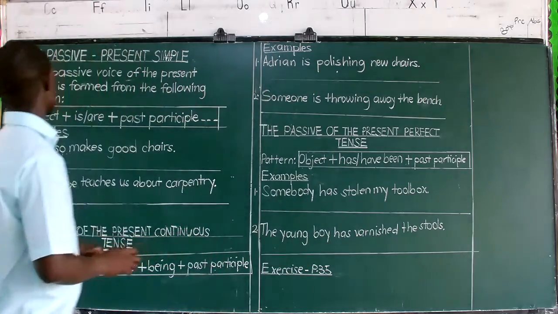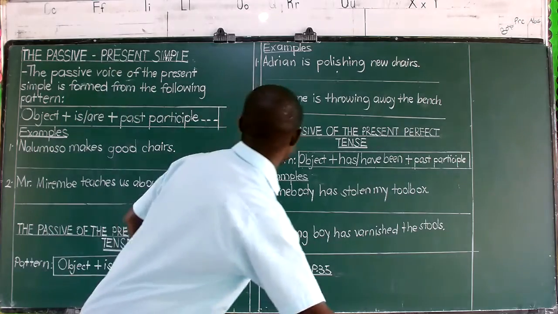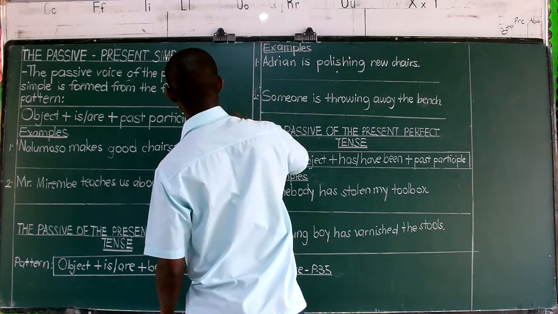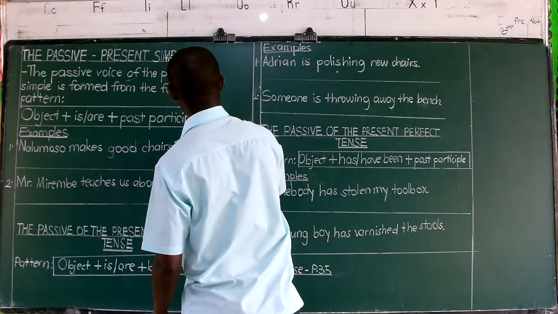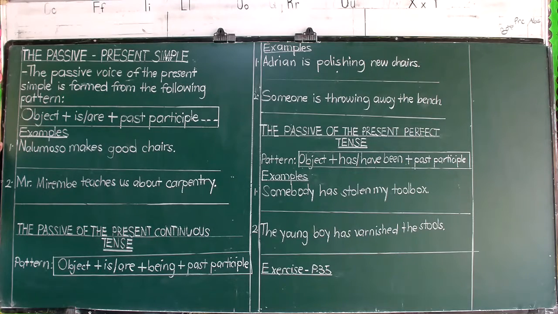So in the passive voice of the present simple tense, we have a lot to look at, and it is summarized from what we see on the board. First of all, the passive voice of the present simple is formed from the pattern shown on the board. What's the pattern I have to follow to construct my sentence in the passive voice in the present simple?